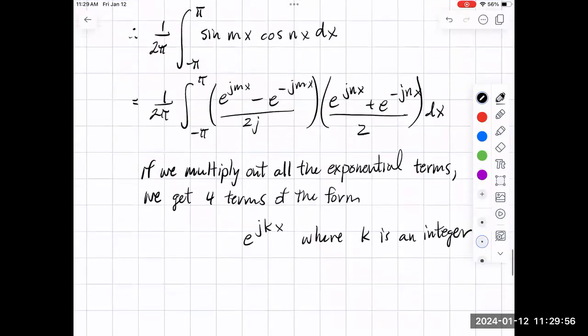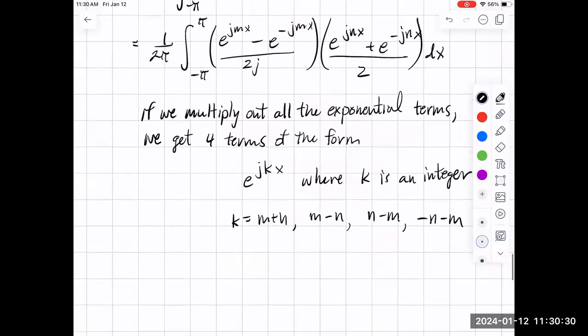Right, so we'll have terms where k is m plus n, or it's m minus n, or it's n minus m, or it's minus n minus m. But it's just all integers. So what I'm going to do is evaluate that integral for some arbitrary integer and then say the result applies for all of these 4 possible cases.